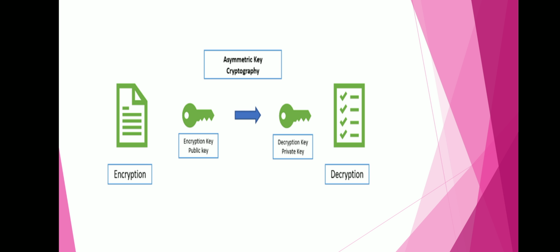Suppose A wants to transmit a message to B through an unsecured channel. What procedure will A follow and which key is going to be used? Obviously, sender A will use the public key of the receiver in order to encrypt the information. Sender A uses the public key of B to encrypt the message, and we will get the ciphertext.